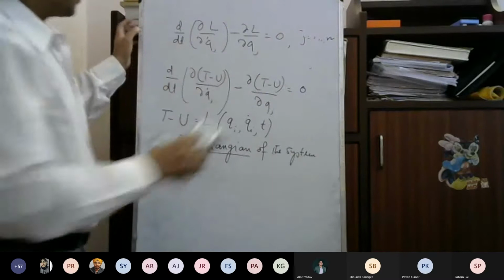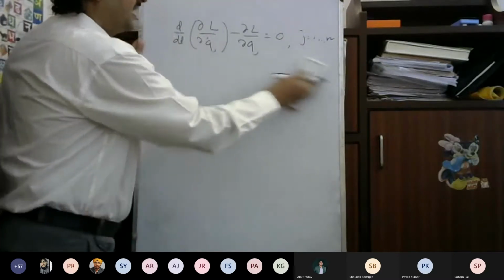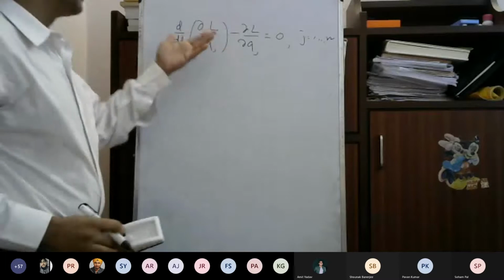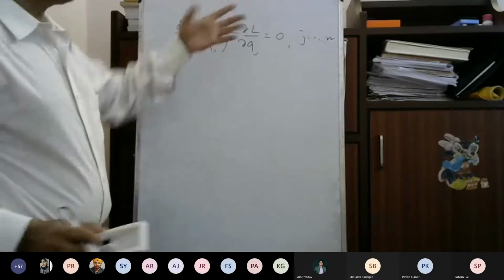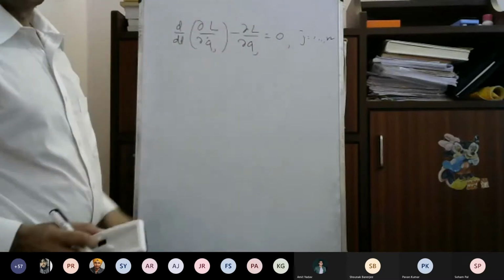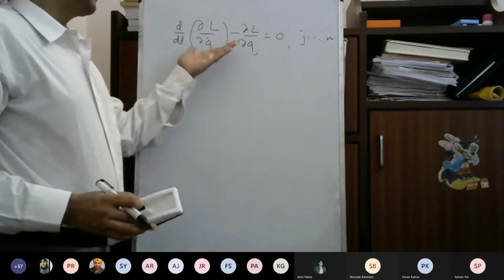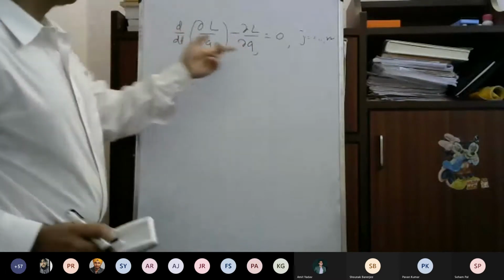In books, this is normally called the Lagrange equation of motion because it contains the Lagrangian. Lagrange derived this equation with the kinetic energy, and in the same work he derived this equation also, with T minus U. To honor the discoverer of this equation, we name it the Lagrangian function.